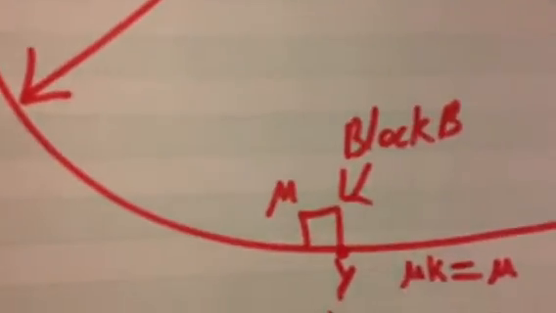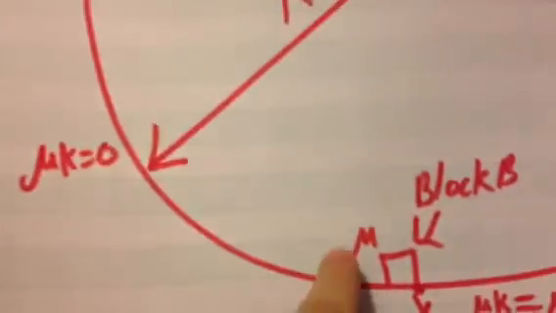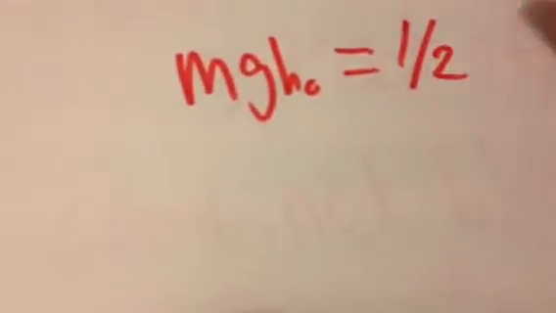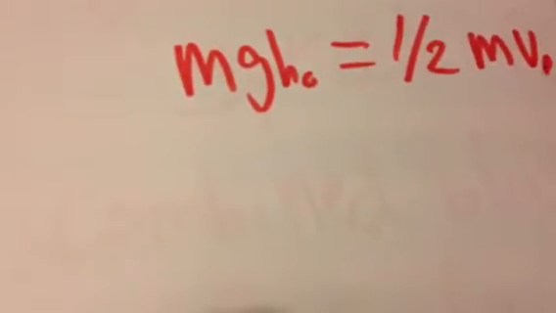So we know that it will be mgh0 equals, and for final, we see that it's moving as it's sliding down, but it has no height. So we get mgh equals 1/2 mv squared.